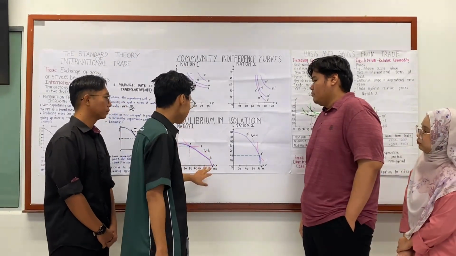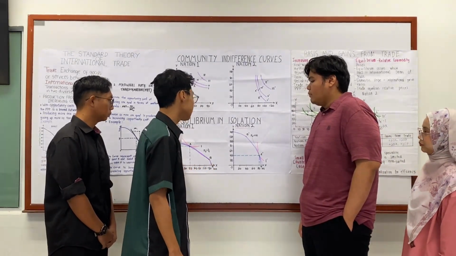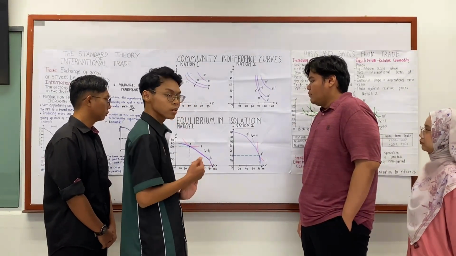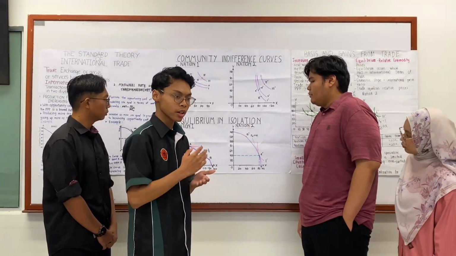For example, at point B, 130 for goods X, but they get around 20 for goods Y. So it's a bad trading and also a bad price for their nation.